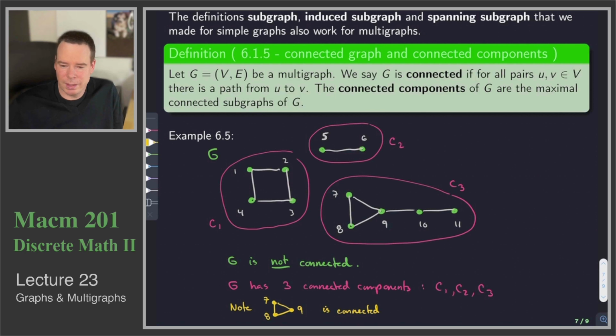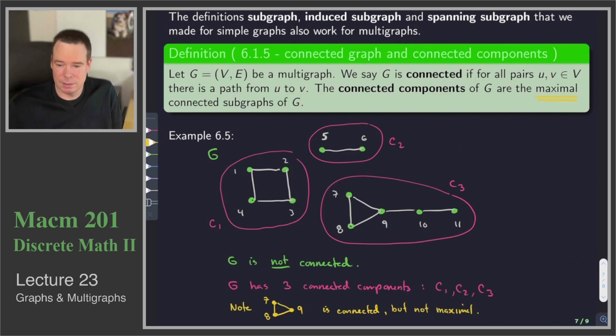So why wouldn't I call that a connected component? Well, the reason is it's not maximal. I can make it bigger and still be connected. That's what this term maximal means in the definition. So this is connected, but not maximal.